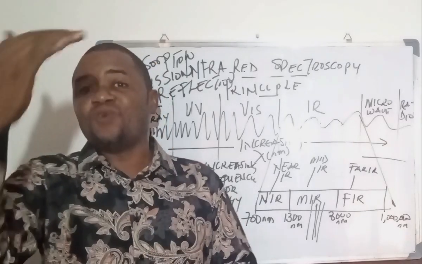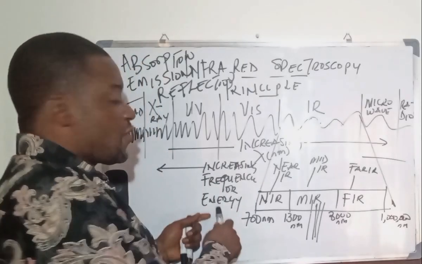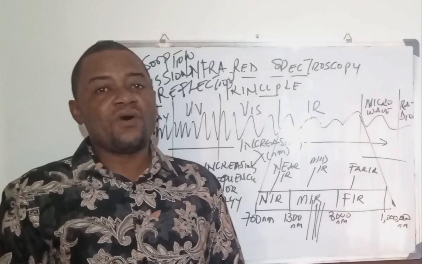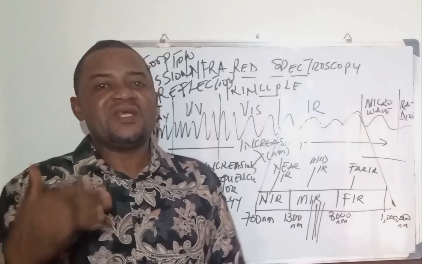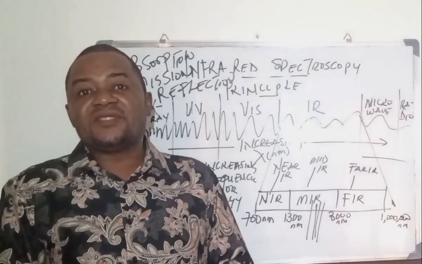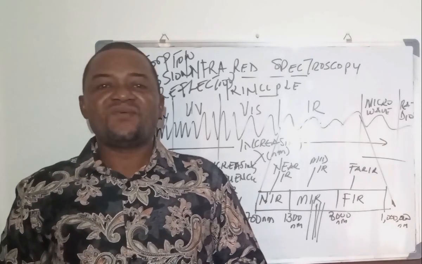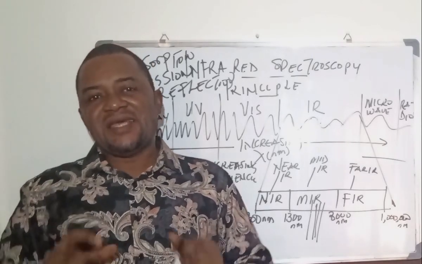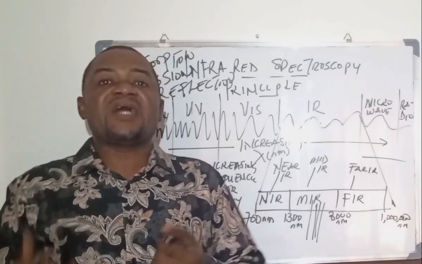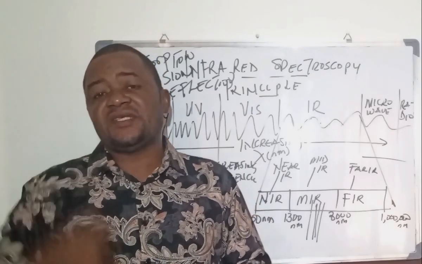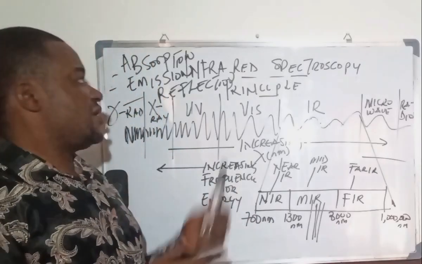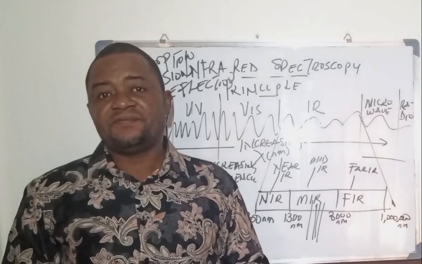And once that is done, based on the frequency of that radiation, there is going to be what? Photon excitation. Now, when these photons are excited, they are going to leave you with some sort of information which will be read as a spectrum. And once it is read as a spectrum, you can gather so much information from there. Like we're going to see that in our next class when we talk about the instrumentation of IR.